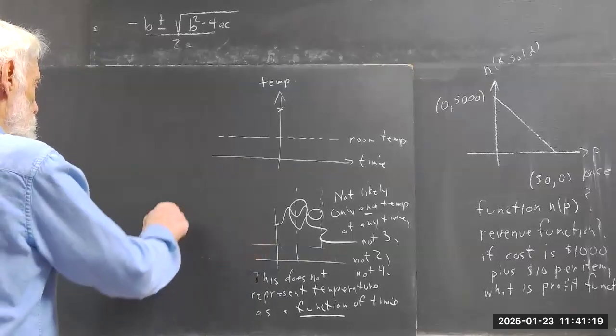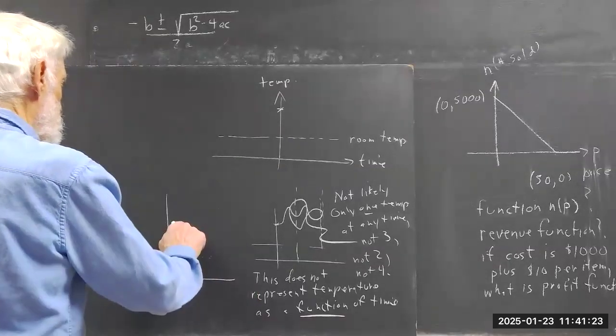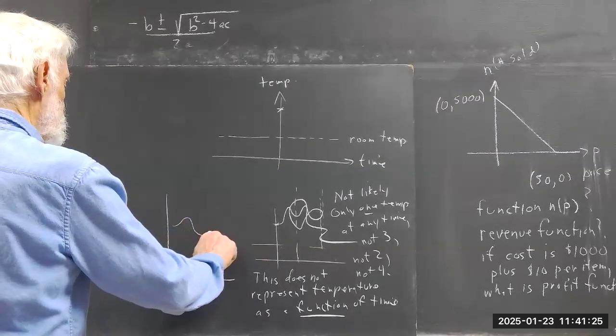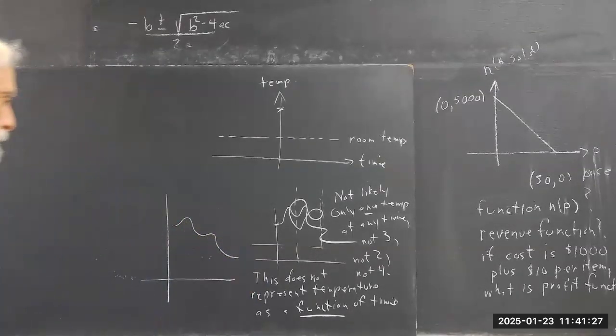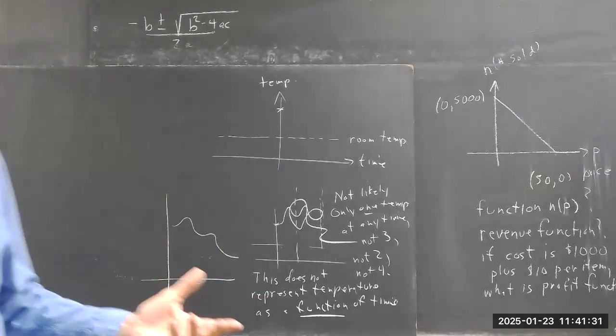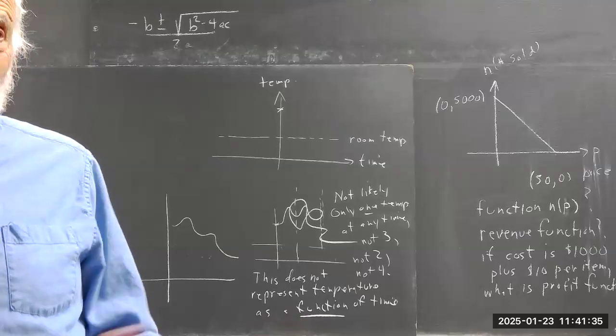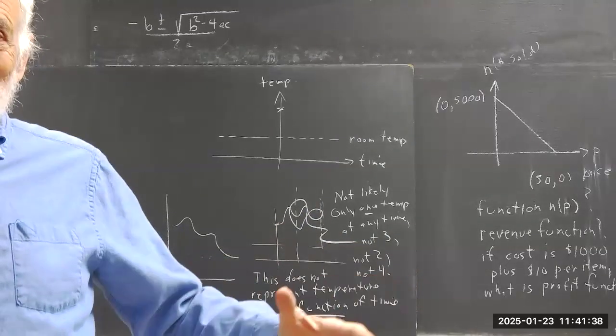So that's not a likely curve. How about this? Does that seem likely? Does it seem possible? Yeah, but you probably have to be varying the room temperature.